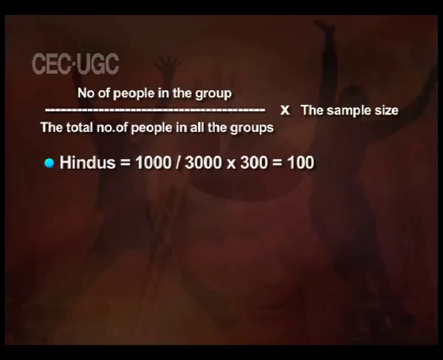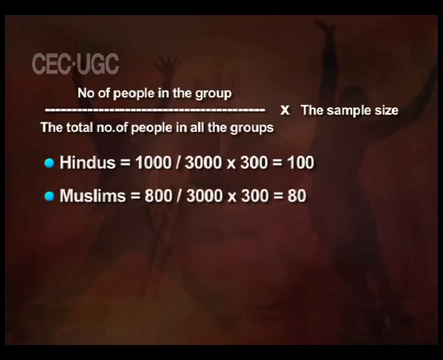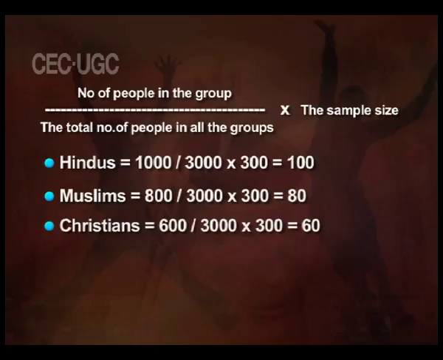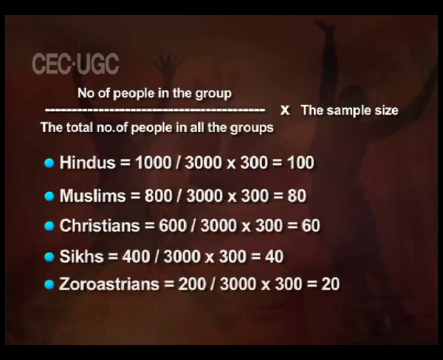Therefore, applying these numbers to the formula, we get 1000 divided by 3000 multiplied into 300, and the answer we obtain is 100. That means that we have to select 100 Hindus from the population for our sample. Similarly, we have to select 80 Muslims, 60 Christians, 40 Sikhs and 20 Zoroastrians for our sample.